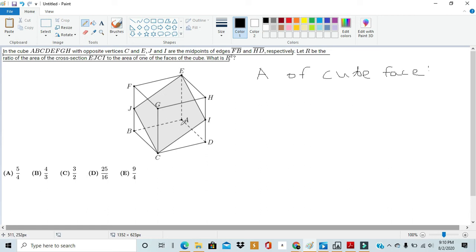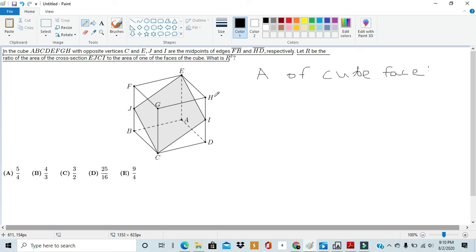And then we can just take that value, because when we take the ratio with respect to 1, we're just going to get that ratio itself. So by taking the area of each cube face as 1, we've simplified this problem into solving for the area of EGCI in a unit cube. So that makes the problem much simpler.